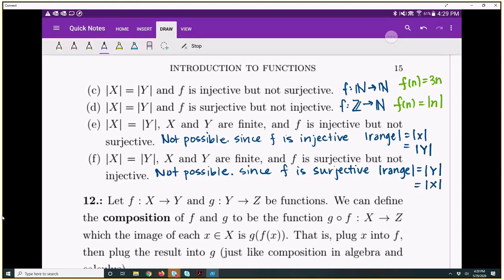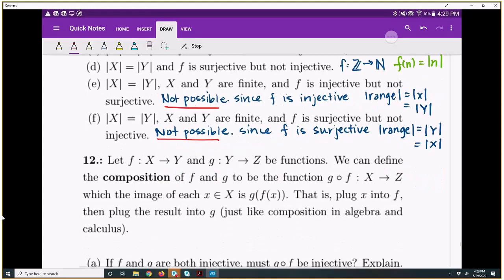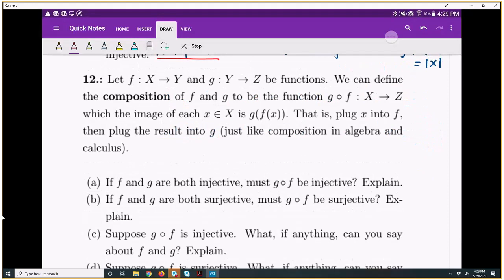And then that will be equal to the cardinality of the domain. So for the cardinality of the range and the cardinality of the domain to be equal, f will be injective. So it's possible to have two sets of the same cardinality and a function be injective but not surjective, or vice versa, only if they have infinite cardinalities. Very interesting.